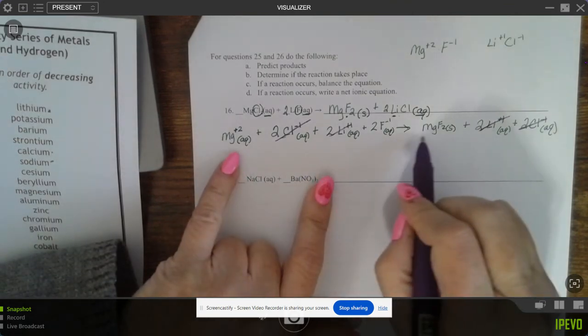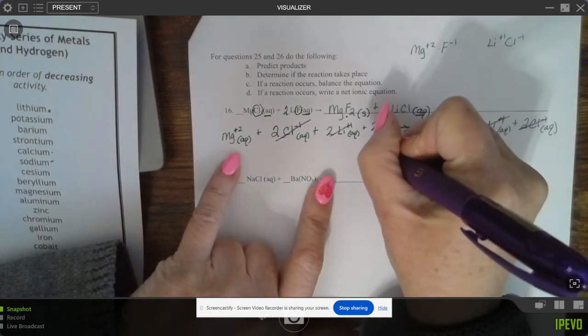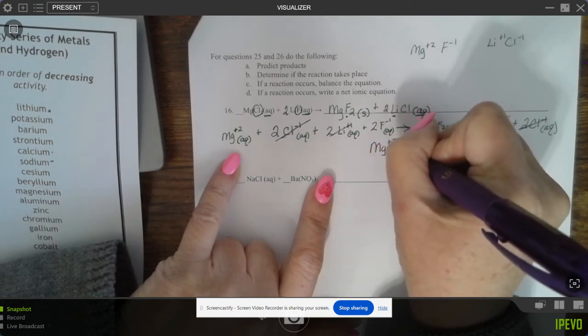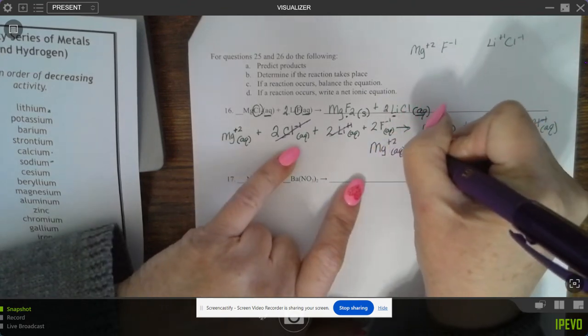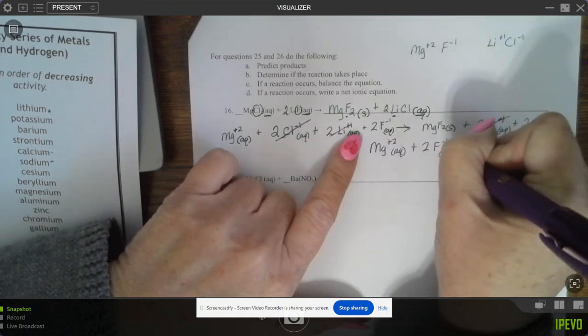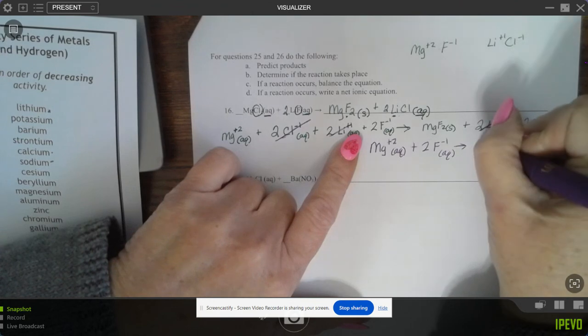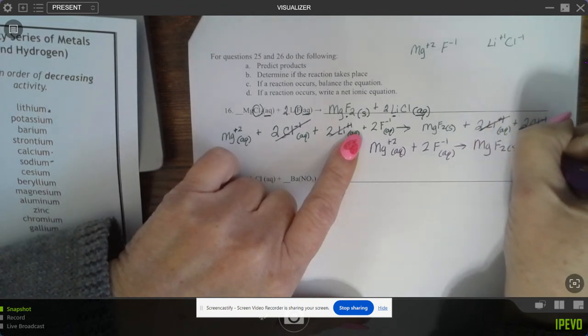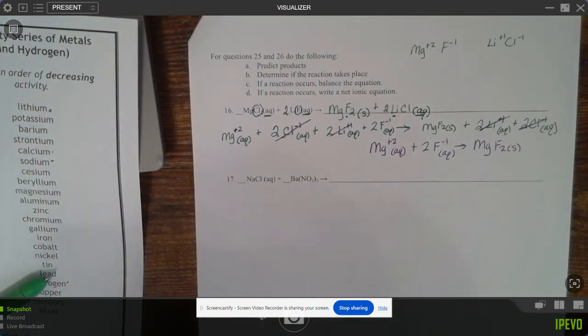That leaves me with Mg plus 2 and 2 fluoride ions reacting and forming a precipitate of MgF2 solid. So that is our net ionic equation.